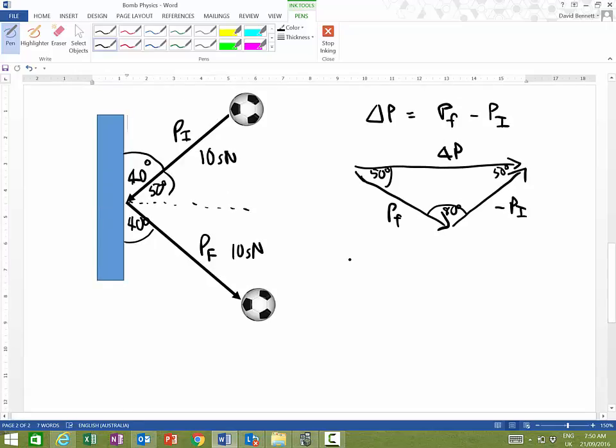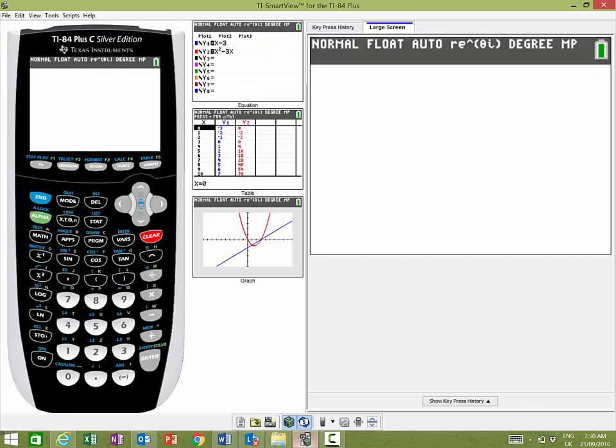If I use the cosine rule to work out the change in momentum, it would be equal to the square root of 10 squared plus 10 squared, take 2 times 10 times 10 cosine of 80. Let's do that on the calculator.